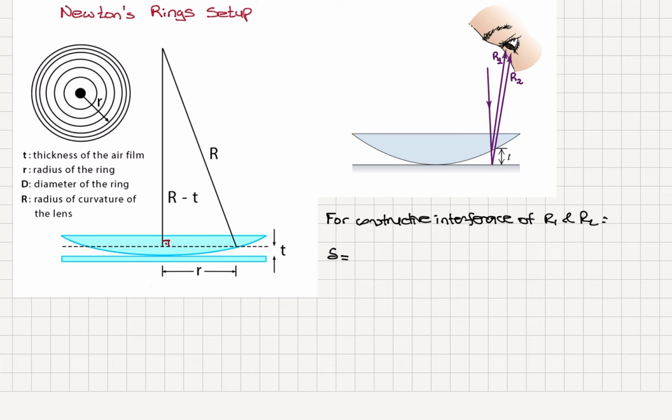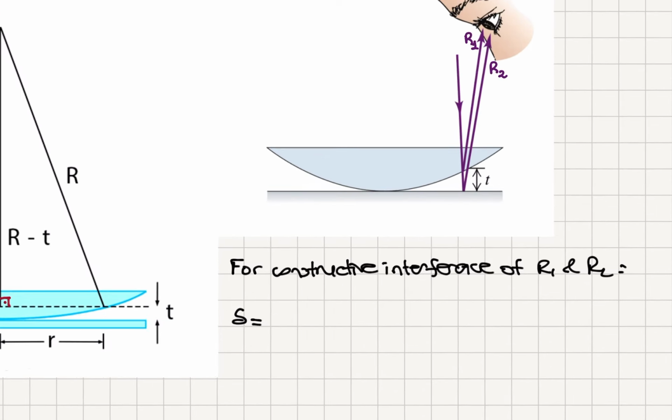So for constructive interference of R1 and R2, the path difference that develops between these two rays is going to be approximately equal to 2t, for the ray 2 will travel this distance twice when it is close to normal incidence.